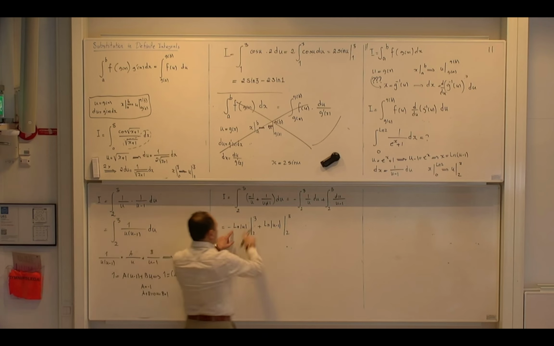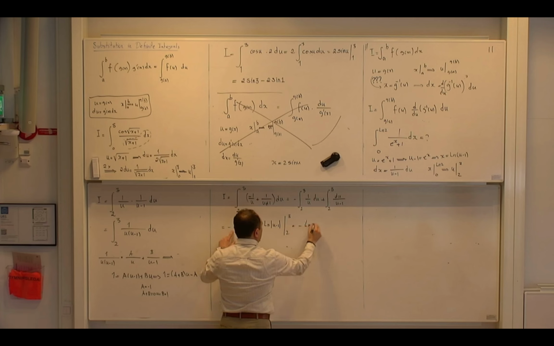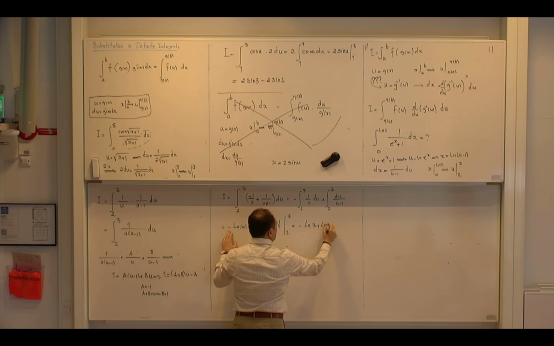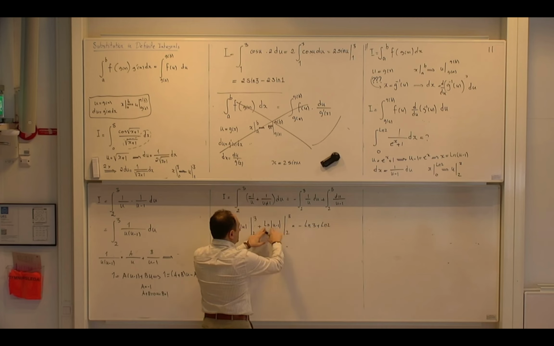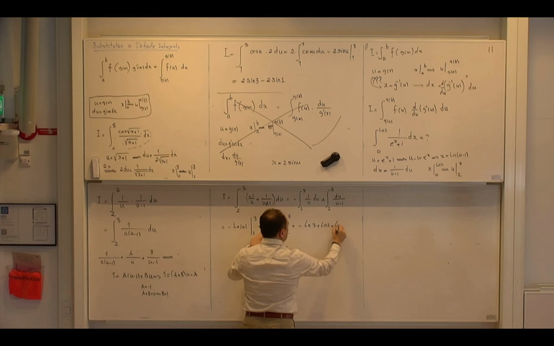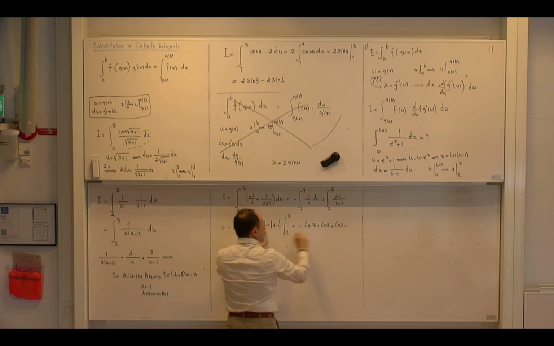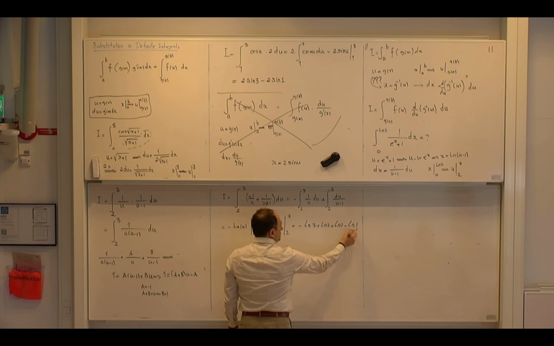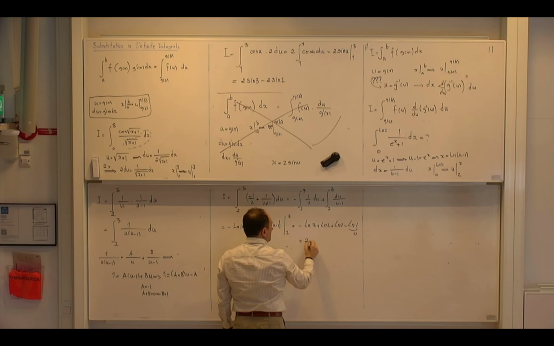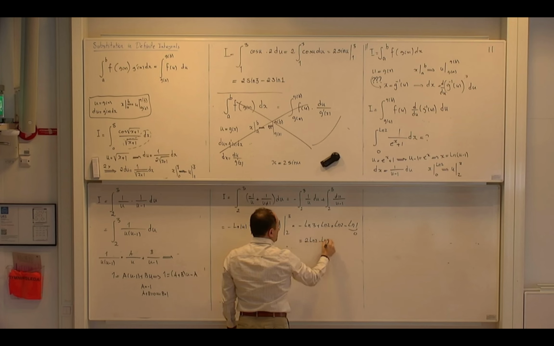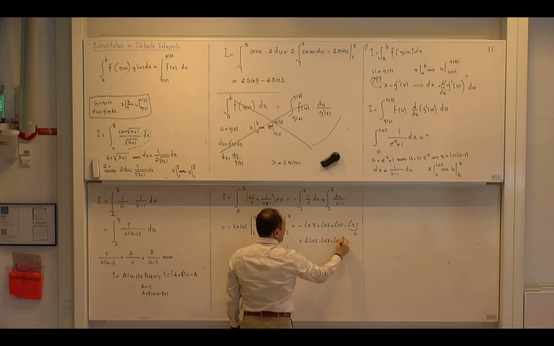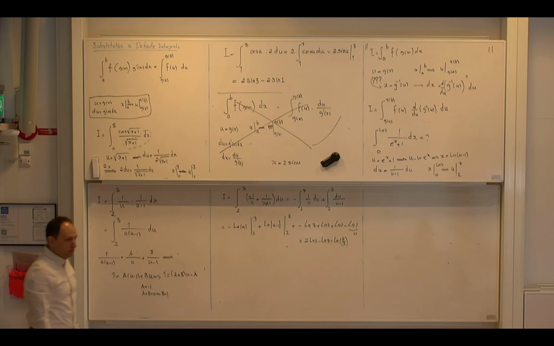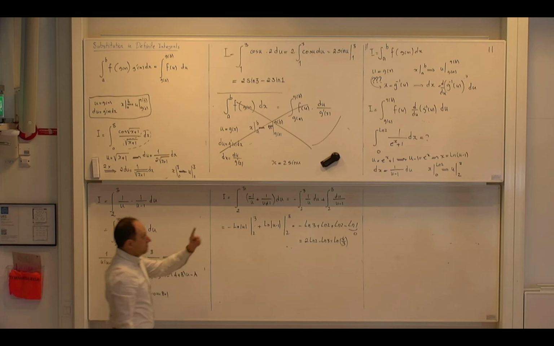I put 3, so it's minus ln of 3, absolute value of 3 is 3, plus ln of 2, and then I put the numbers here, ln of 2, minus, I put 2, ln of 1, but ln of 1 is 0, so it becomes 2 ln of 2 minus ln of 3, or if you want, you can write it as ln of 4 over 3. That's the answer.